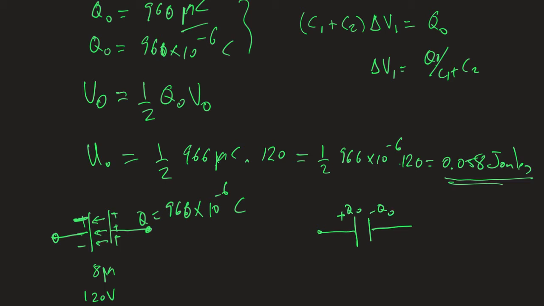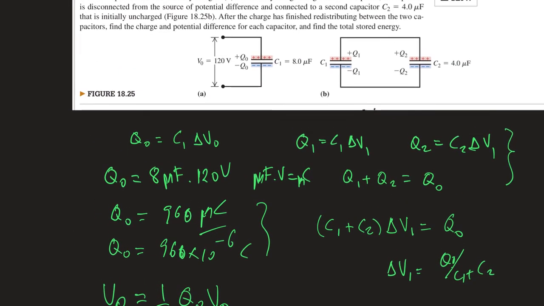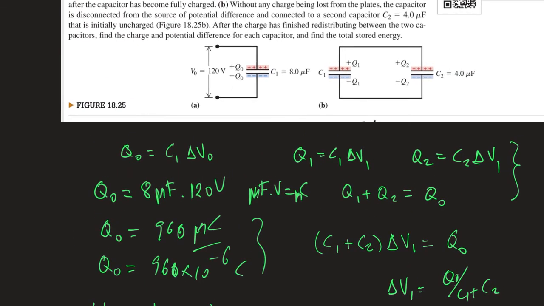So the other capacitor, let's read the problem, part B. Part B says that you disconnect from the source. Immediately after you disconnect from the source, you put here an insulator, so the charge from the capacitor will not be discharged. Otherwise, you will lose the Q0 charge.